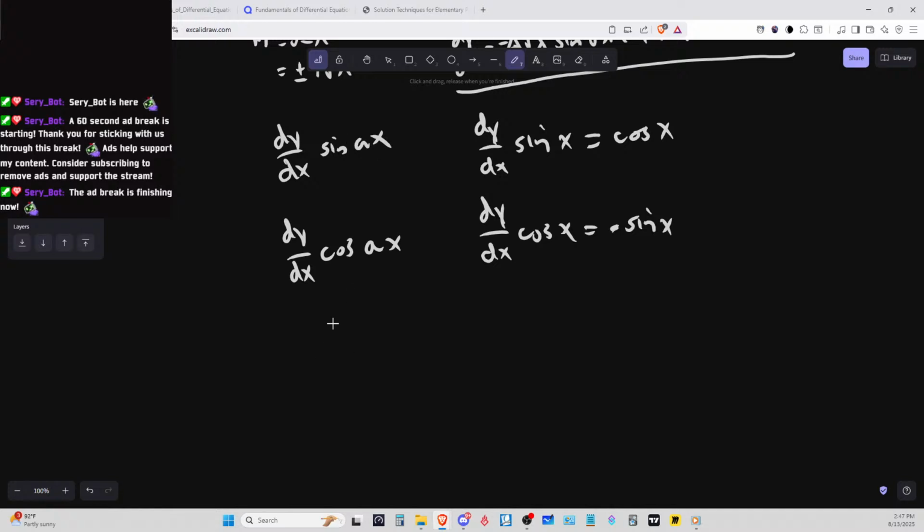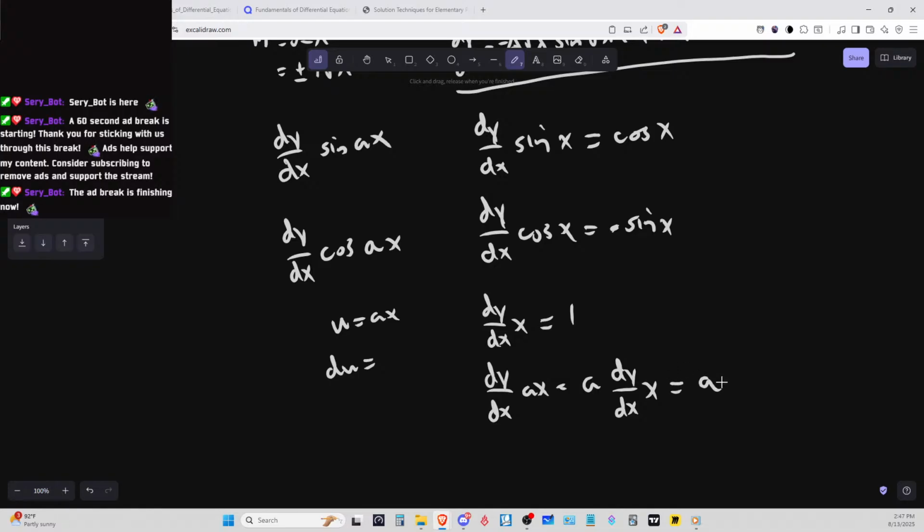So the way to do that is that you have to transform this into something else. I believe it's called the chain rule. We basically transform it by turning it into a u, and then we differentiate that. We know that if you take the derivative of just x, it's just 1. But if you take the derivative of a constant times x, it's the same thing as saying this, which leads us to just being that constant, or that number.